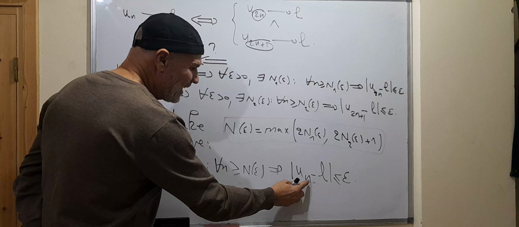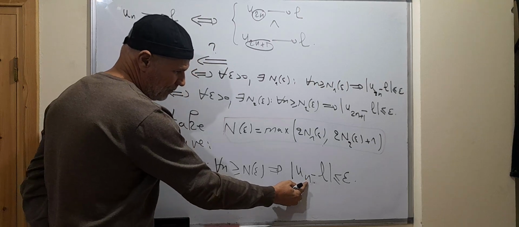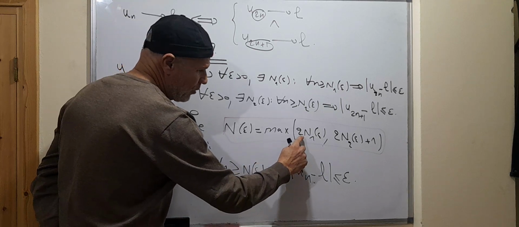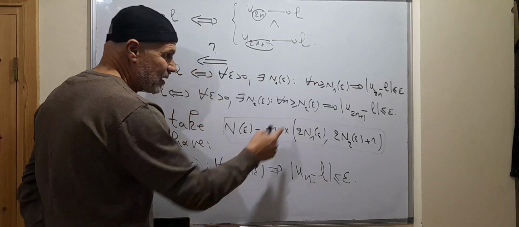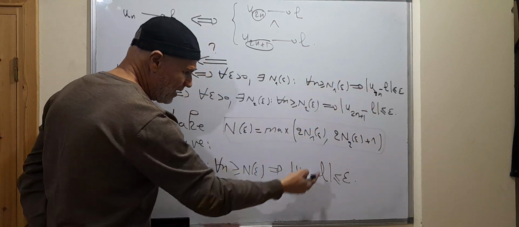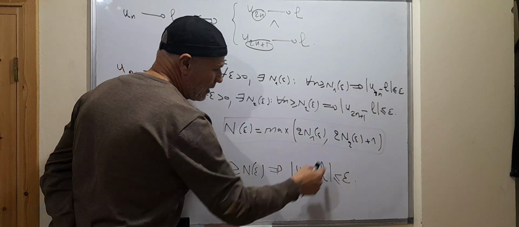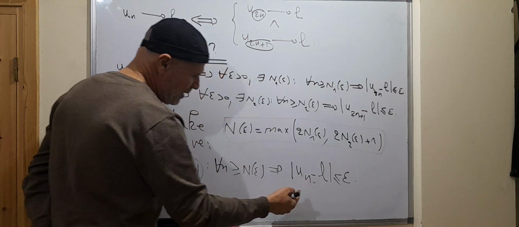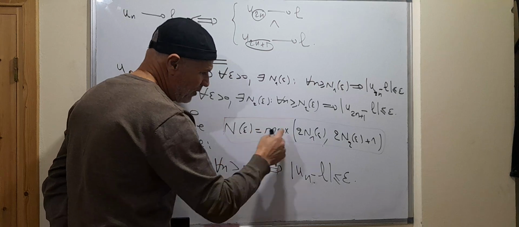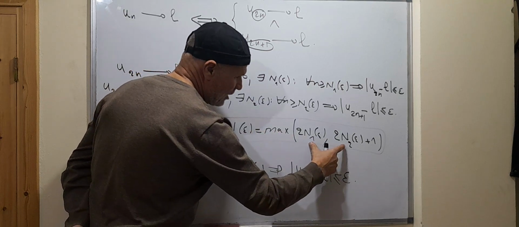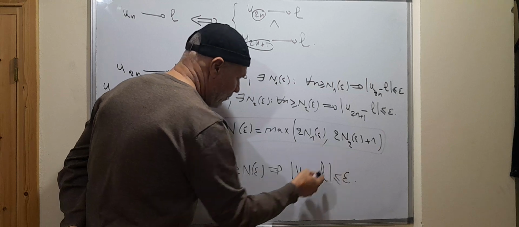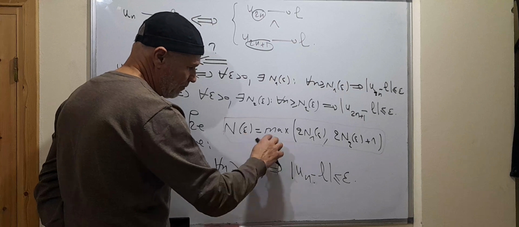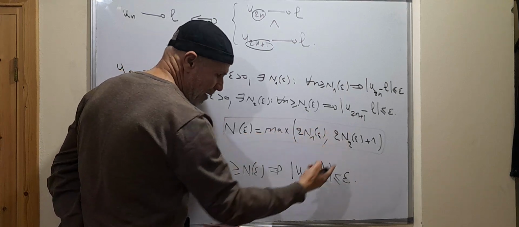So if n is even, this condition ensures that n is greater or equal to 2n1(epsilon). So this is true. And if it is odd, this means that N(epsilon) is the maximum between these two natural numbers. So in both cases, we are sure that n is greater than both of them.